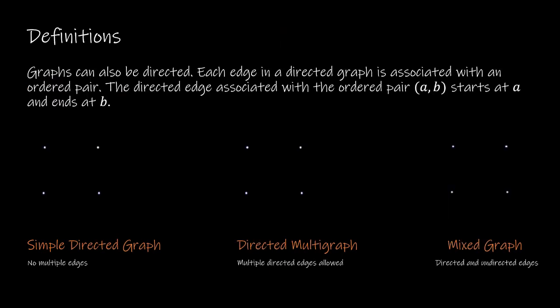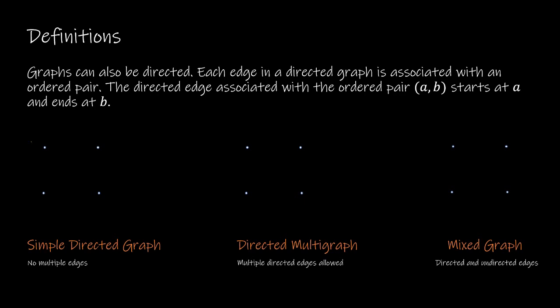In our examples so far, we've only looked at undirected graphs. So now we're going to take a look at what happens when graphs are directed. And when we have a directed graph, each edge in a directed graph is associated with an ordered pair, where the first entry tells us the starting vertex and the second entry gives us the ending vertex.